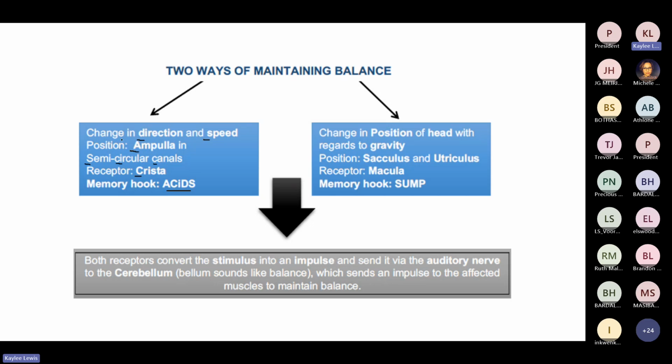The other part is responding to a change in position of the head with regards to gravity. So for example, if you're upside down, this would be when these receptors would be stimulated. The receptor for this one is called the macula, and that is found in the sacculus and the utriculus.